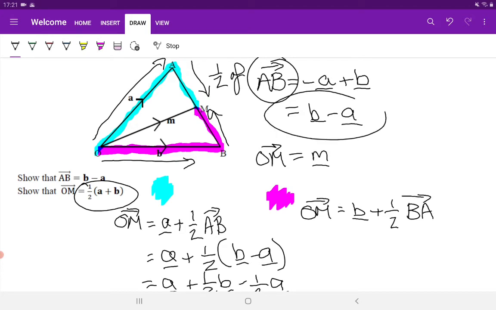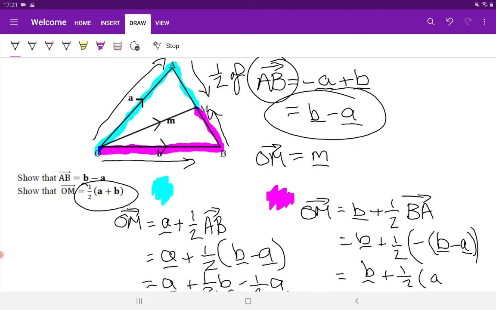Now, AB was B minus A, so BA will be the negative of that. So it'll be the negative of B minus A, which is just going to be A minus B.